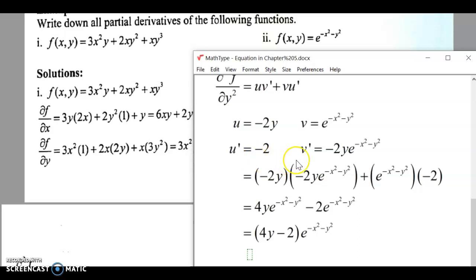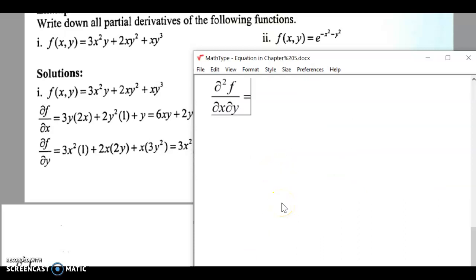Now let's go for the last two, which are the mixed partial derivatives. Now notice the notation used for mixed partial derivative.